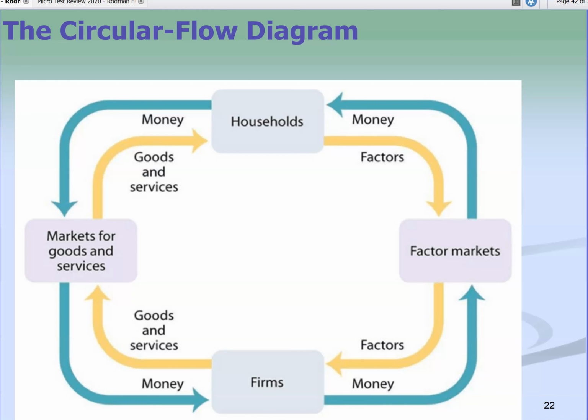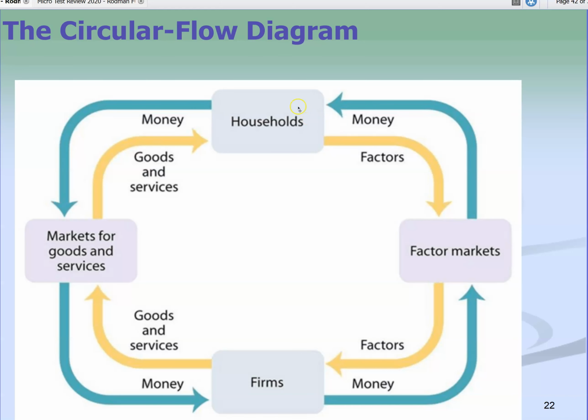Because if you're not going out and spending money, then businesses aren't buying those resources. And if you're not participating as a resource, then businesses aren't able to utilize and sell your resources to other consumers and other businesses that they can make money off of and pay you back, that you can then use to go and spend more money out in the economy. So it's really important in terms of this circular flow.